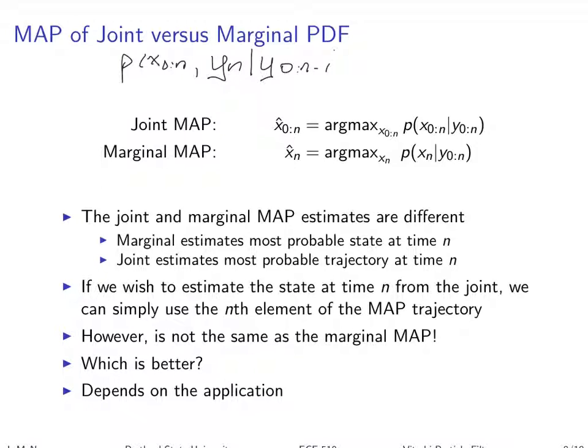I'm doing this from memory, so this may be a little bit wrong. But I think this is the joint that we started off with. So there were these two things, and then we applied Bayes' rule to this in two different ways. We set this equal to, and then we chose one thing. I think the first time I pulled out y of n, and then the second time I pulled out something else. But ultimately what we were trying to get to, and what we ended up solving for, was this joint posterior. So this thing was just an intermediate step. Okay.